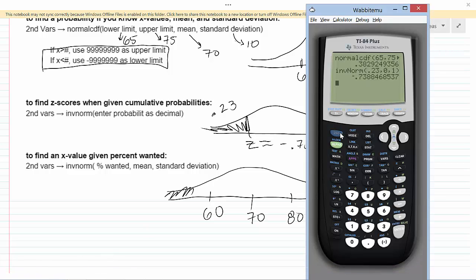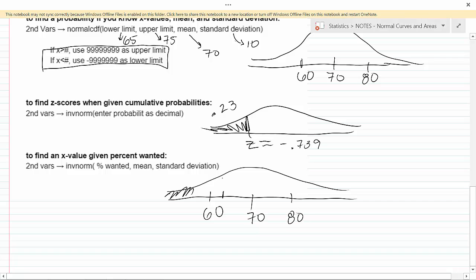I'm going to do second vars, number 3. I still want it to be 0.23, but now my mean is 70 and my standard deviation is 10. I'm going to hit enter, and I see I get a score of 62.6. So that score that has an area of 0.23 to the left of it is 62.6.